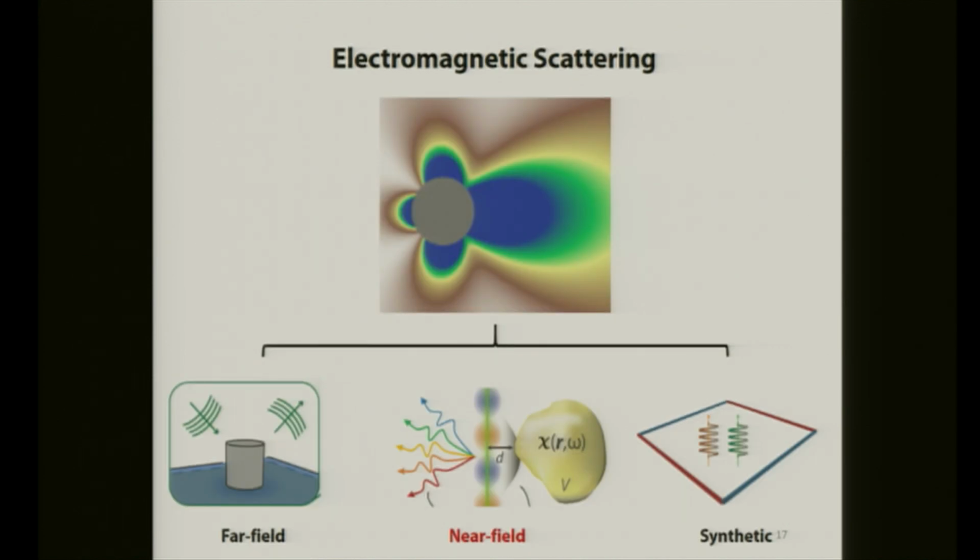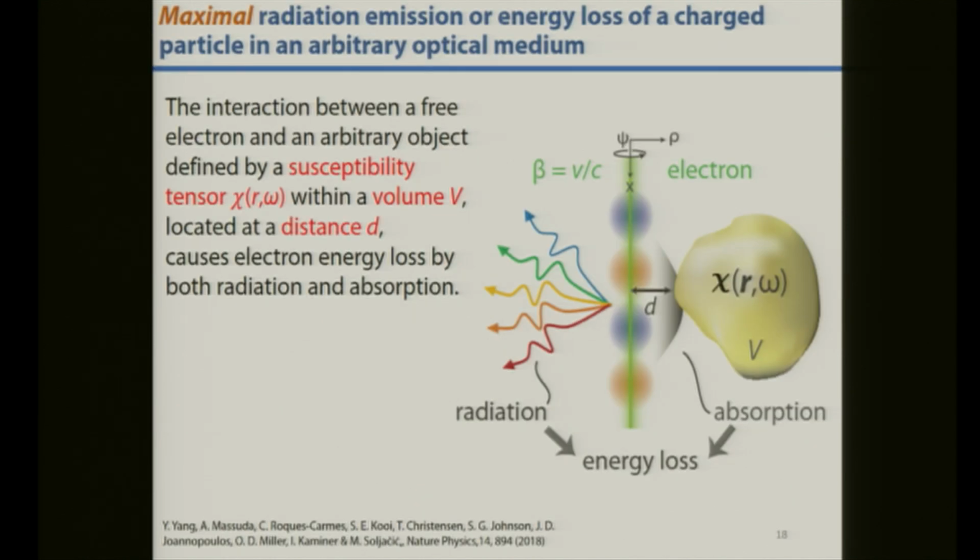In the second part of my talk, I will talk about near field scattering, analogously, but from free electrons. In the previous parts, I talked about far field scattering from plane waves, but you can do something similar for near field scattering from free electrons. We can formulate this free electron interacting with photonic structures within the scattering framework, where you have an arbitrarily defined optical environment with chi, the susceptibility, the material composition, as well as the specific wavelengths of interest.